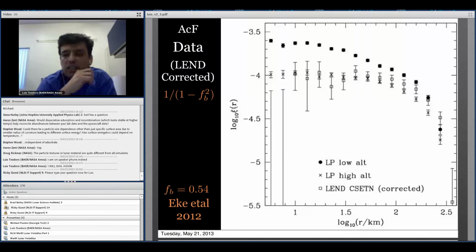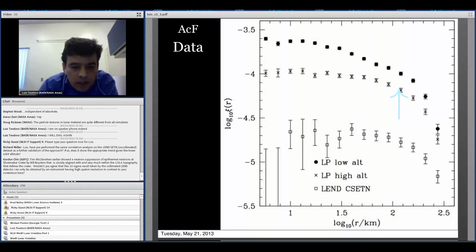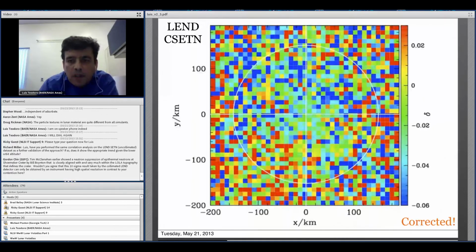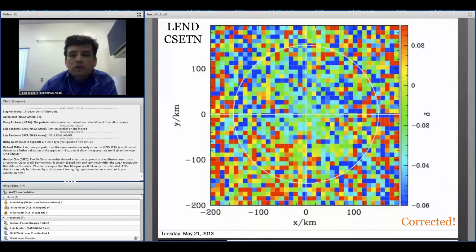It seems exactly similar to the high altitude lunar prospector. But how does the corrected, contrasted field look? It looks exactly like this. It's considerably noisier because you have removed a background.